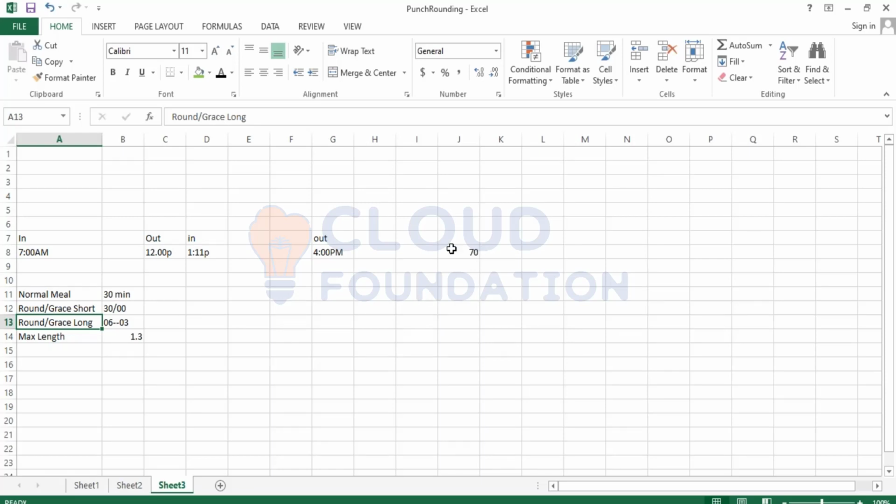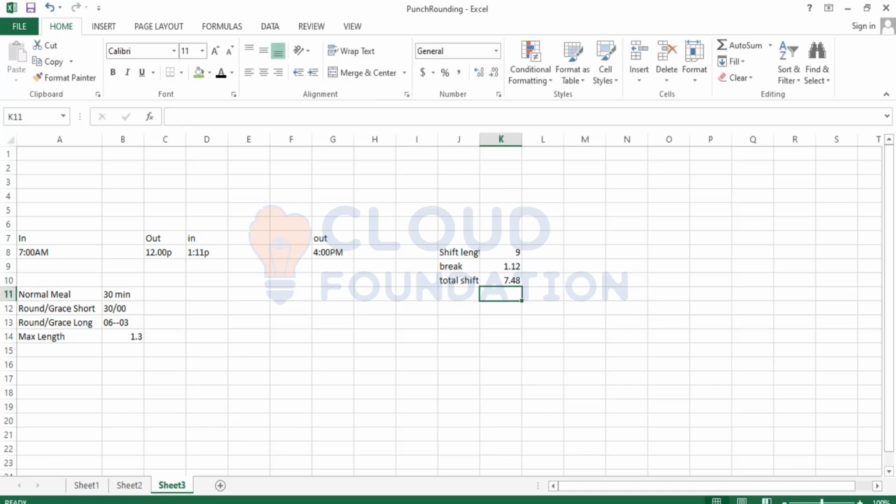The shift length is 9 hours. My break is 1:12, so my total shift is going to be 9 minus that, 7:48. So he'll get paid for 7 hours, 48 minutes.